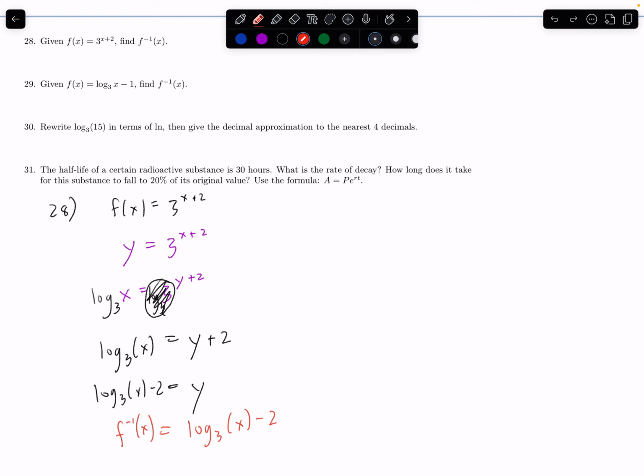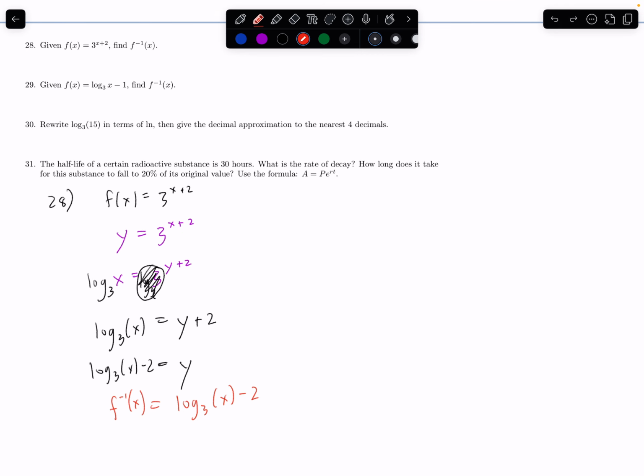Let's do that, actually. So 3 to the x plus 2. Think with me through the graph for a second. It goes here, and then it doesn't quite hit 0, right? So this is just kind of a bonus piece of this.